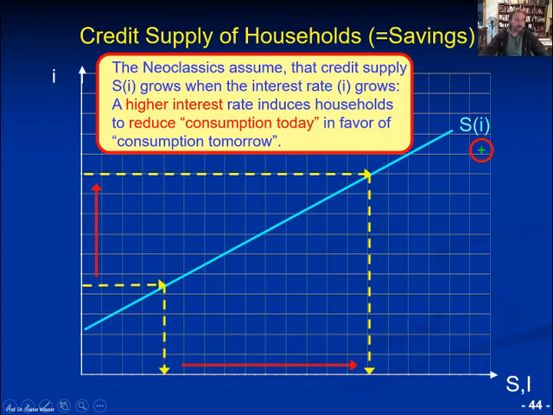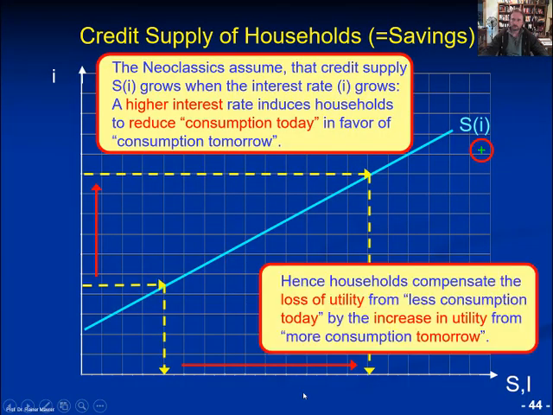So a higher interest rate causes households to reduce consumption today in favor of consumption tomorrow, when the savings are paid back. Hence, households compensate the loss of utility from less consumption today by the increase of utility from more consumption tomorrow.